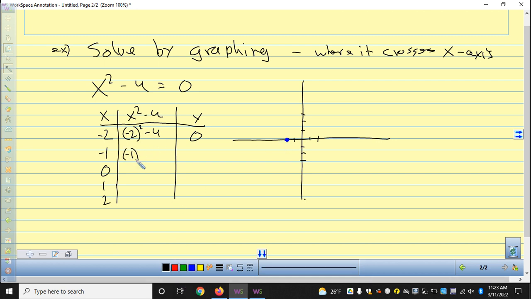We plug in -1. -1 squared minus 4 is 1 minus 4, which is -3. So I get a point down here. When I plug in 0, 0 squared minus 4 is -4. So there's my vertex down here. Because it's symmetrical about the vertex, this is going to be -3 and 0. So my graph looks like this.